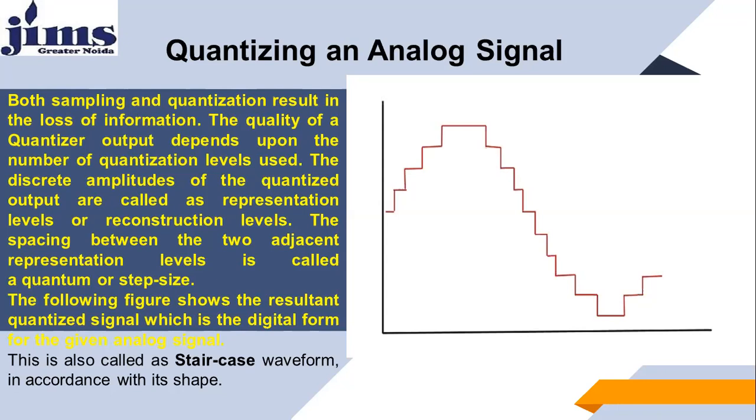The following figure shows the resultant quantized signal, which is in the digital form for the given analog signal. This is called a staircase waveform in accordance with its shape. So look at the shape after the quantization process. Of course, this shape is a sinusoidal shape, but it's not continuous, it's discrete. How does this become discrete?